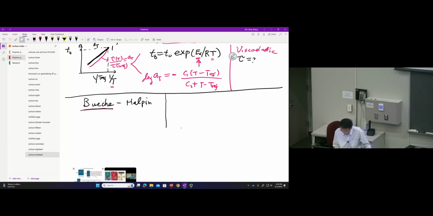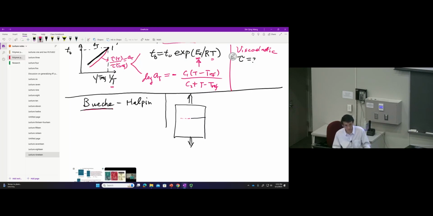But basically, let me give you a simple way to visualize it. For example, if you have a notched sample and you so-called load it up to stretch to a certain level, now you start to see that the crack will start to propagate.